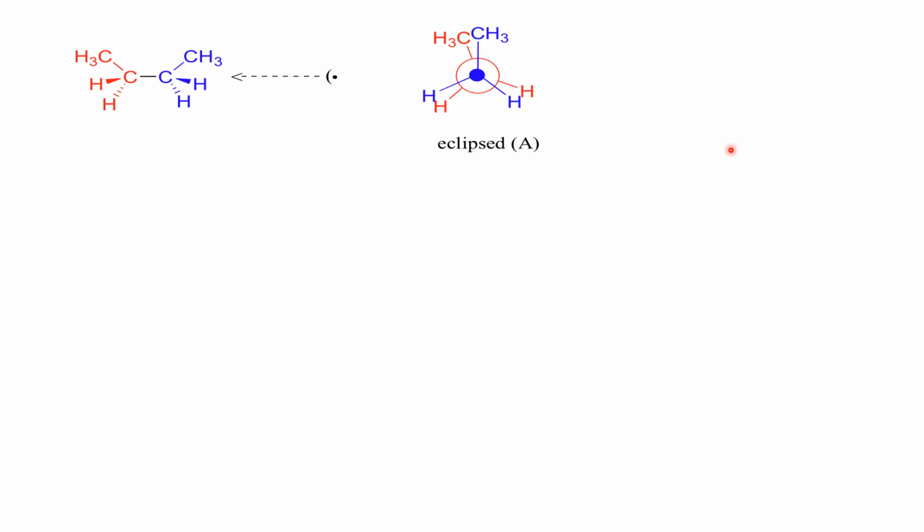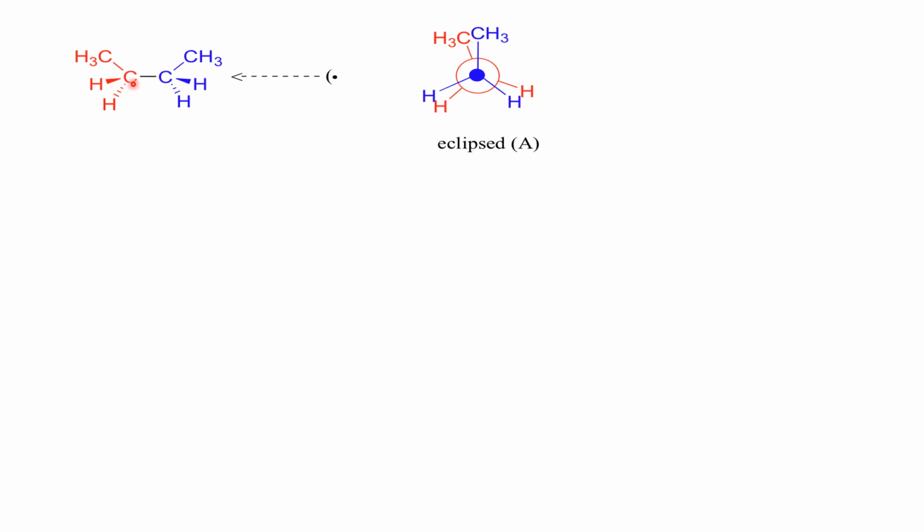Now see, this is the fully eclipsed form. From the projection formula, we are converting to the Newman projection formula. So the CH3 group, H and H of the second carbon atom are in one plane with the CH3 group, H and H of the third carbon atom.